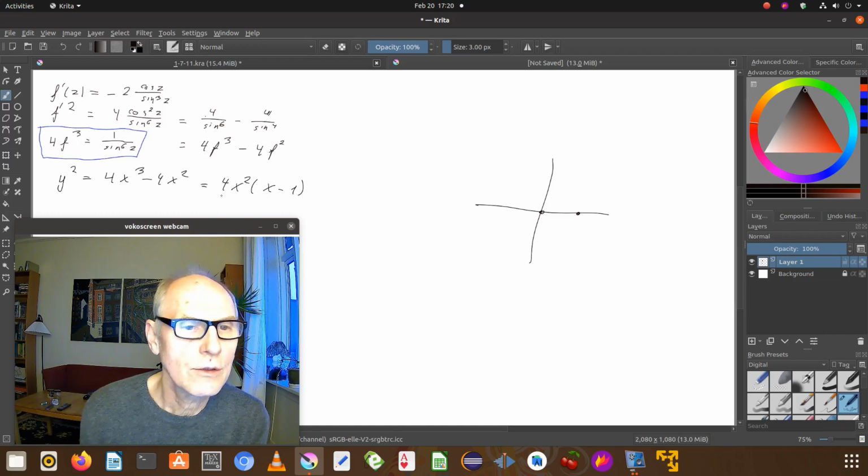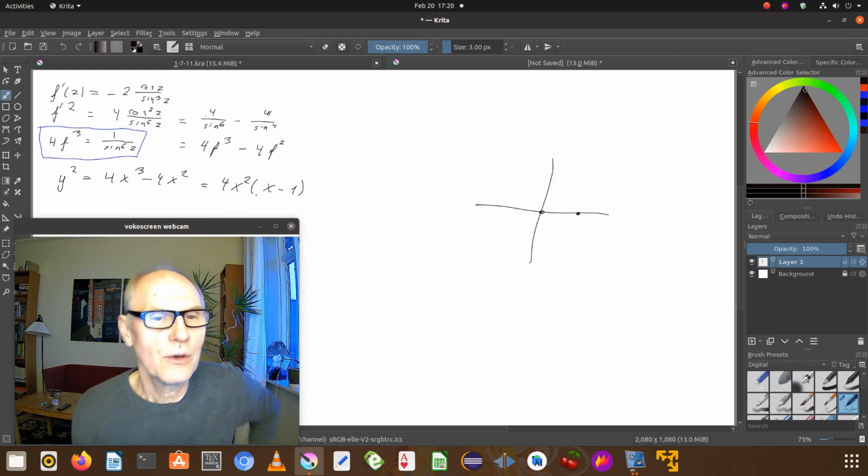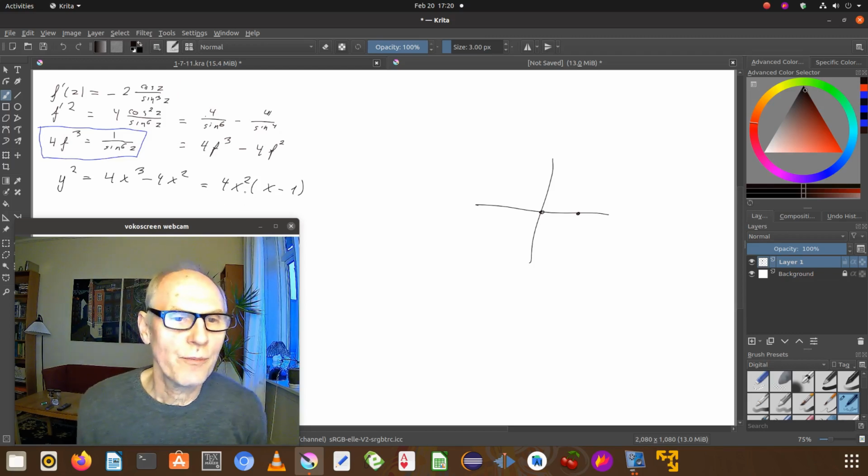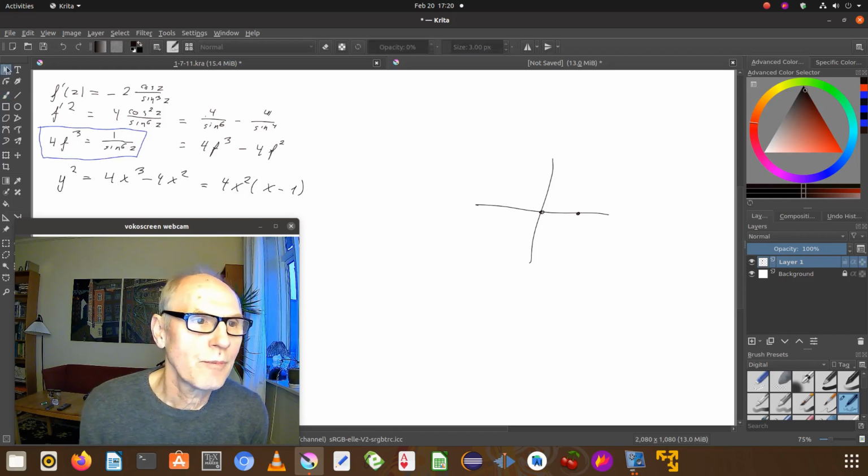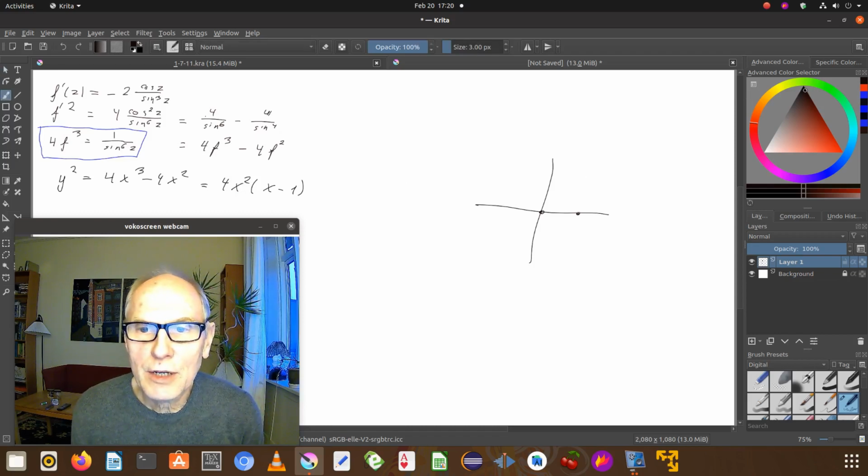Oh, I totally missed this. So this is always positive, so it has to be x equal to, if x different from 0. So it has to be larger than x. So I believe we get a curve like this. And of course with a vertical tangent here.